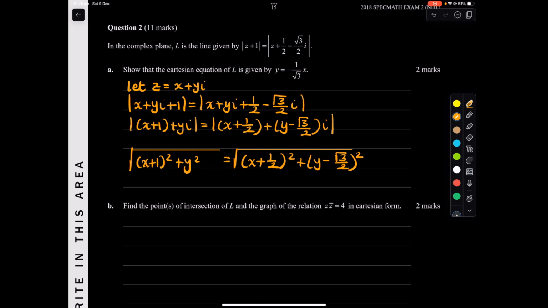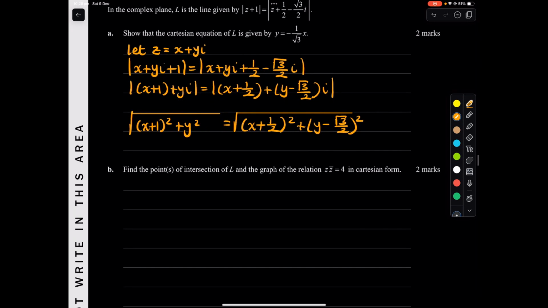Because they both have a square root, we can get rid of it by squaring both sides. So it will give us x plus 1 squared plus y squared is equal to x plus a half squared plus y minus root 3 over 2 squared.